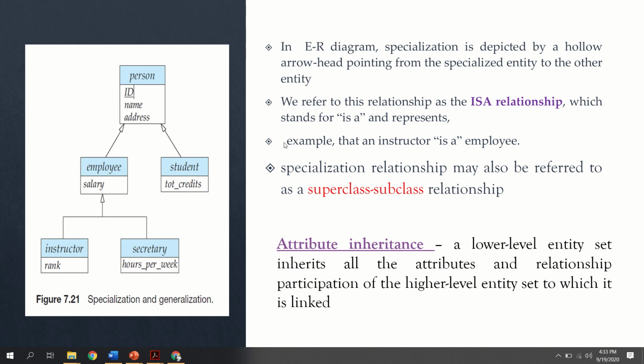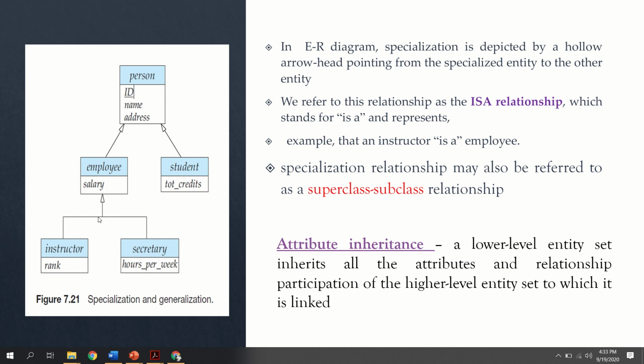So now we can see which notation is used to show the specialization. Since there are two types of specialization, an overlapping specialization is represented by two separate hollow arrows. Here we said that employee and student are overlapping specialization. So we will draw two separate arrowheads from these subgroups to the main group.